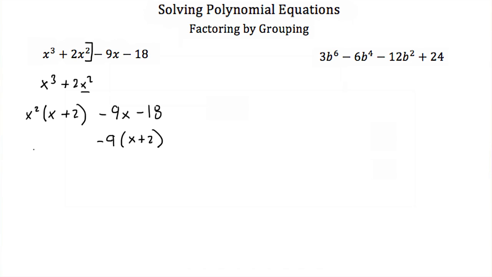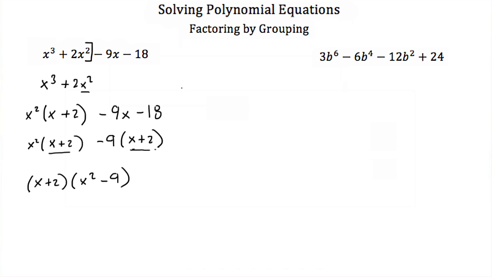So what we have here is x squared times x plus 2 minus 9 times x plus 2. Now because these are both x plus 2, which is what we were trying to do, we can factor out an x plus 2. So we factor out an x plus 2, we just take it to the outside, x plus 2, and what's left on the inside is an x squared minus 9.